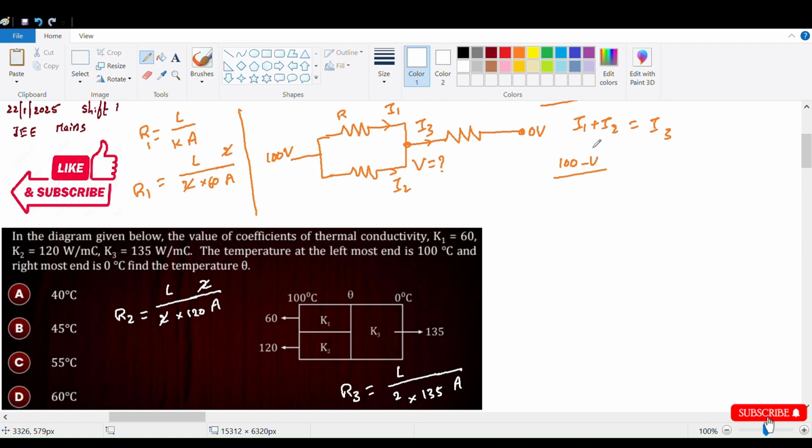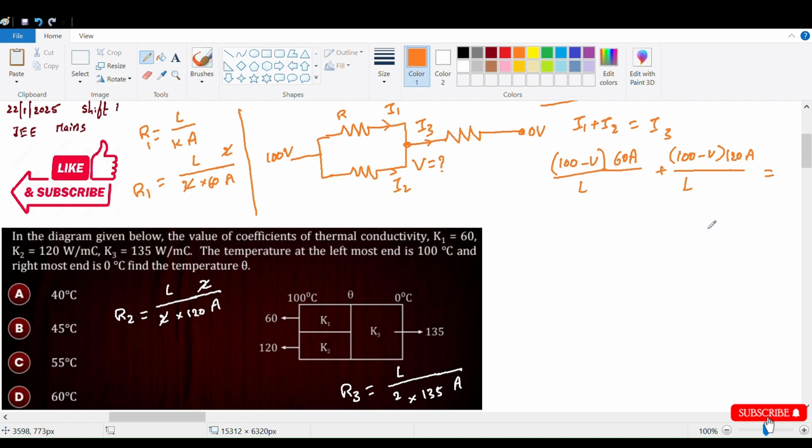Fine. Now substitute. I is equal to potential difference by R. R1 value is L by 60A, so it becomes 60A by L, plus I2. Potential difference is the same, 100 minus V, by R2 value, which is L by 120A, is equal to I3.